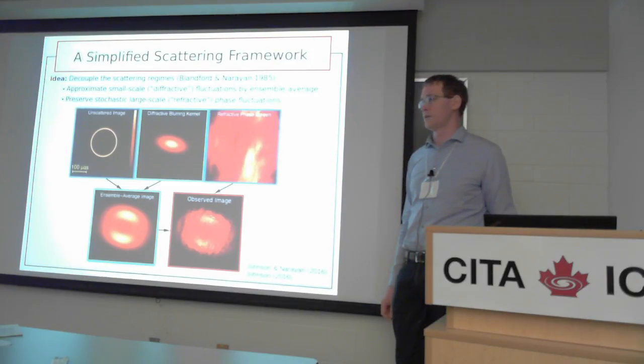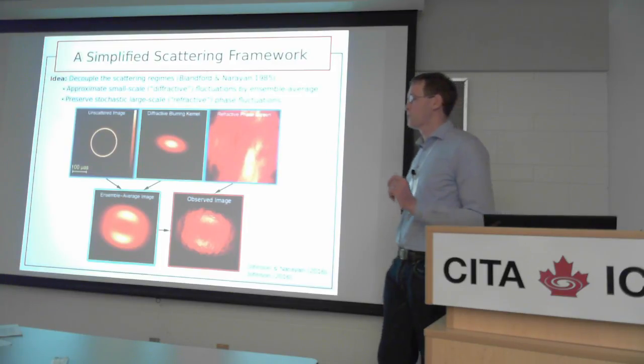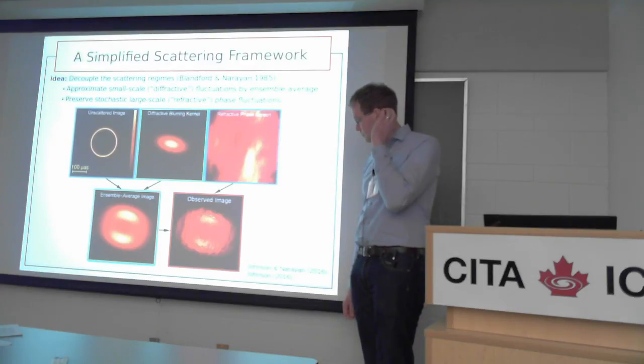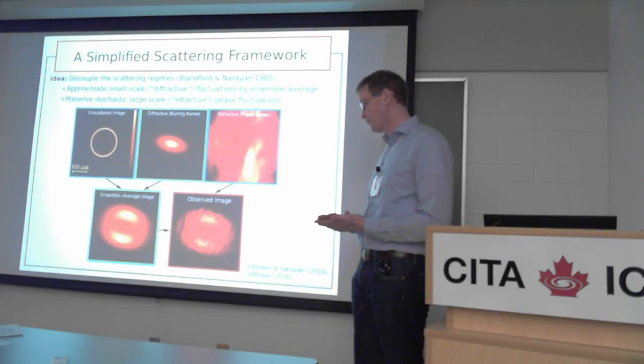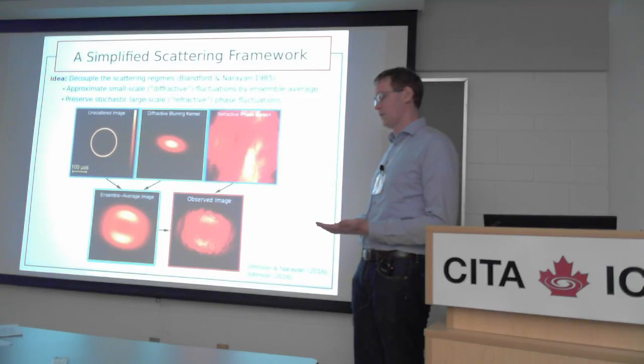If you want to go back from what you observed to the unscattered image, you have different frequency images, and the diffractive and refractive effects are frequency dependent. Is there any possibility to automate it, perhaps by having multi-frequency images and learning something about the screen parameters to go directly to the unscattered image?